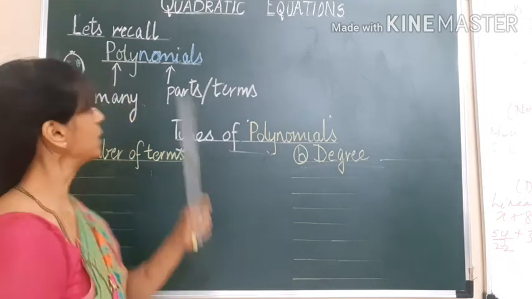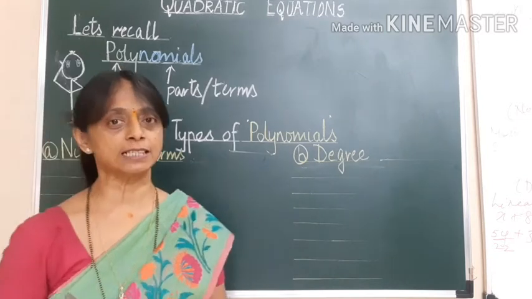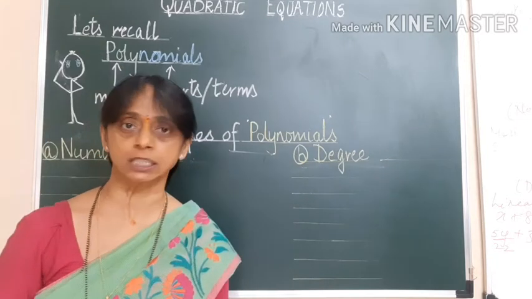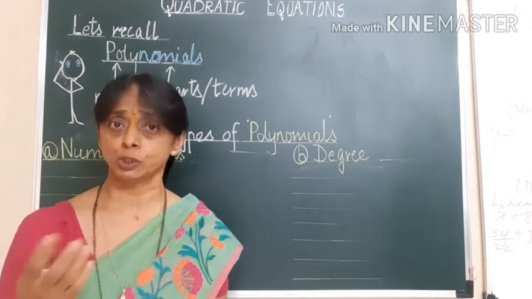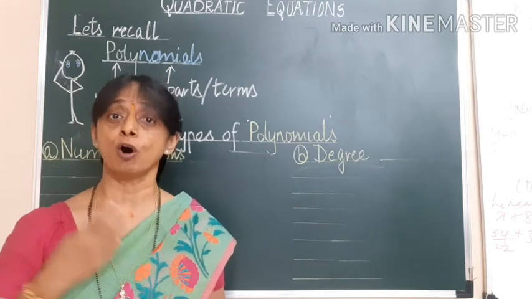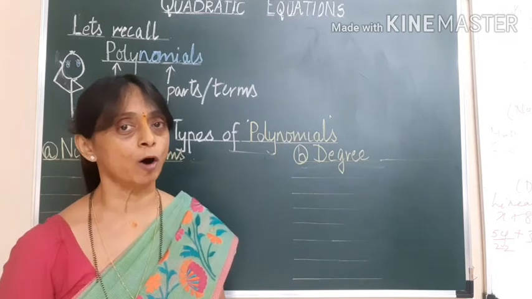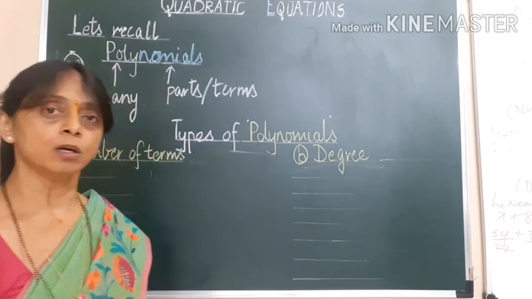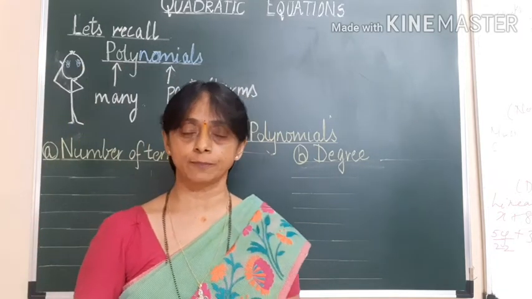So what is a polynomial? A polynomial is an algebraic expression consisting of many terms. You can have an algebraic expression of one term, two terms, three terms, or more than three terms. All are called polynomials. Now, let's move on to understand the different types of polynomials.